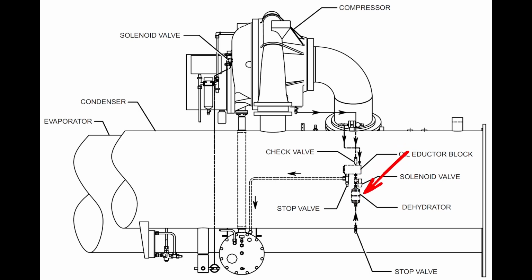It should be a flare style. Change it out, then open your system back up and get it going again. So these are meant to be serviced. Now, not everybody takes the time to service these filters like they're technically supposed to, but if you follow things by the book, that's what they're going to tell you.